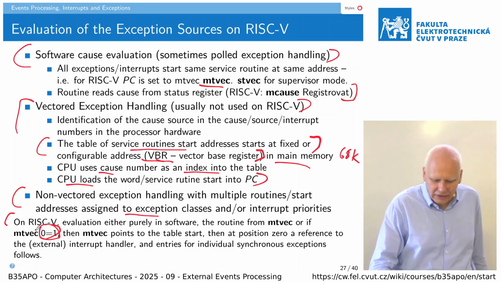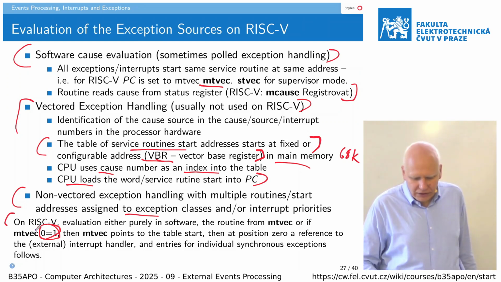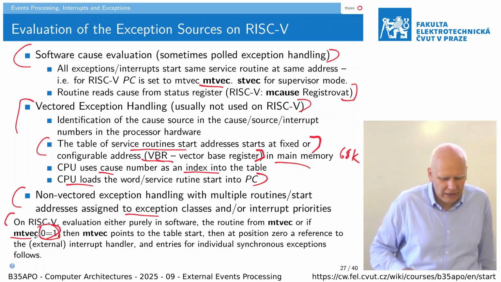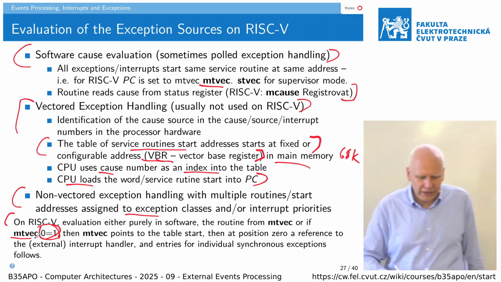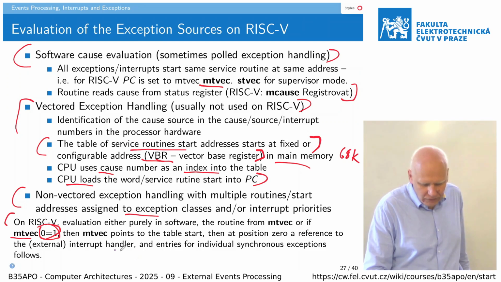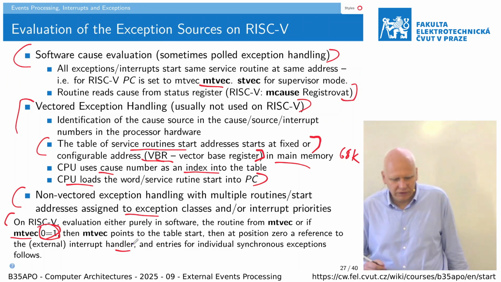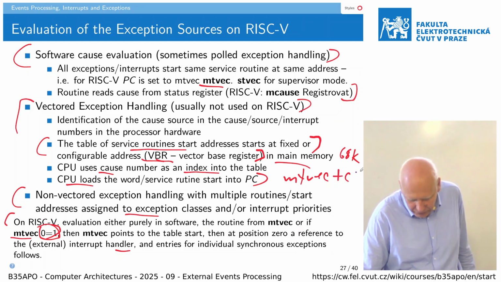In this case, all external interrupts end at the service routine at the address where MTVEC points, and the others at the following handlers, which are given by MTVEC plus the cause multiplied by 4 bytes.